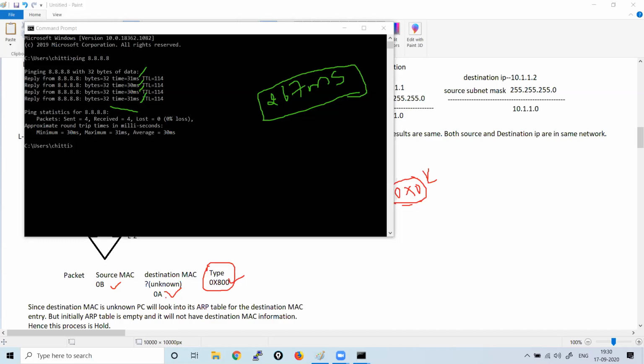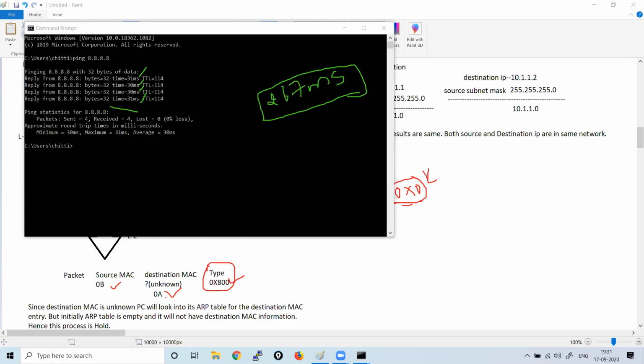So this timer is only calculated in the PC or the source, not due to ICMP, right? If you apply your logic, you'll get the answer for that.